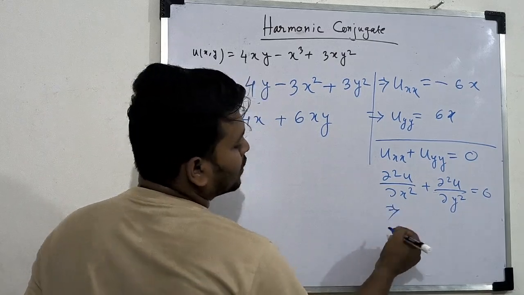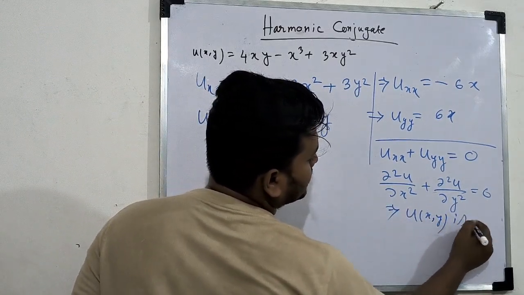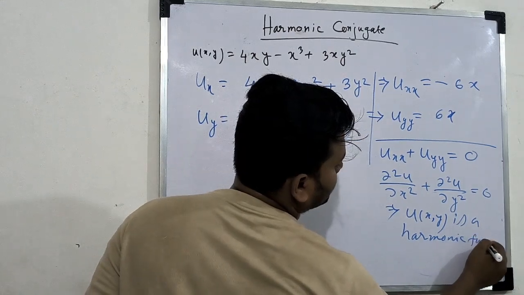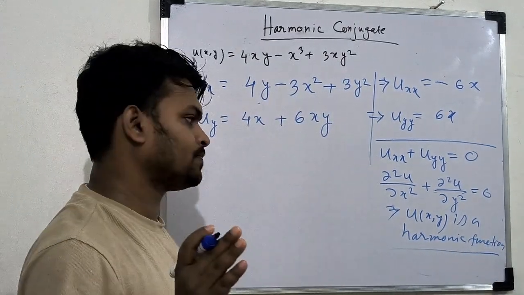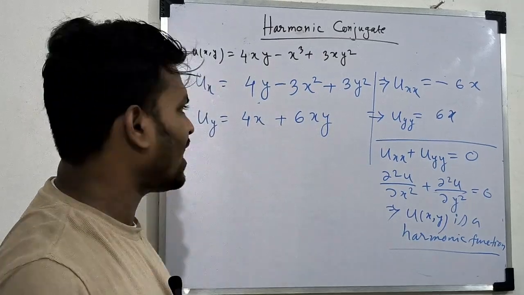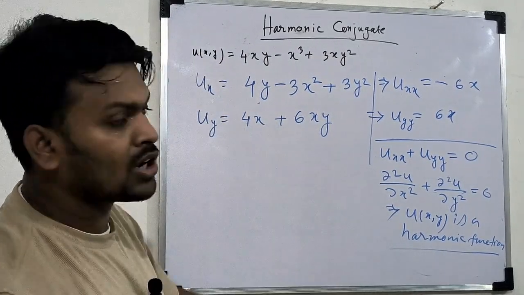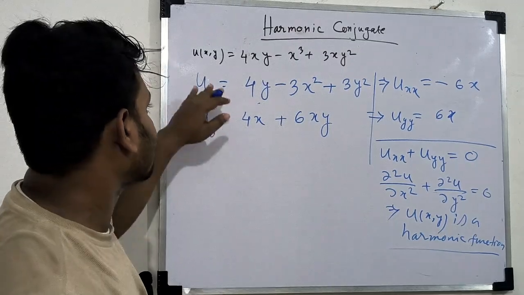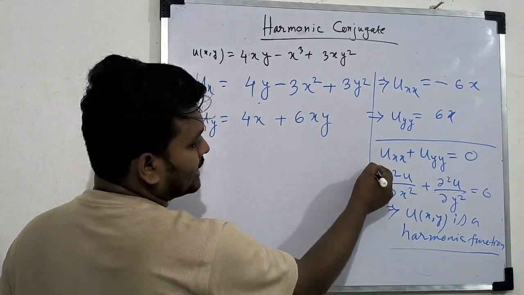So we can conclude that u of x, y is a harmonic function. If you are asked to examine whether u of x, y is harmonic or not, you have to check in this way.